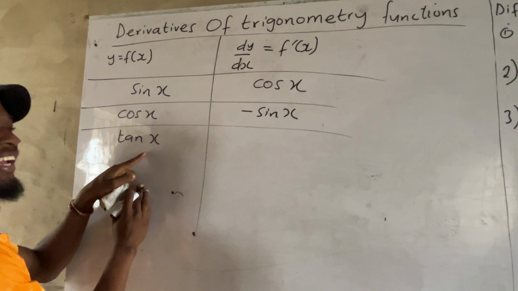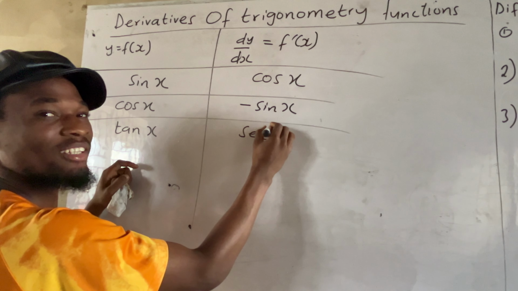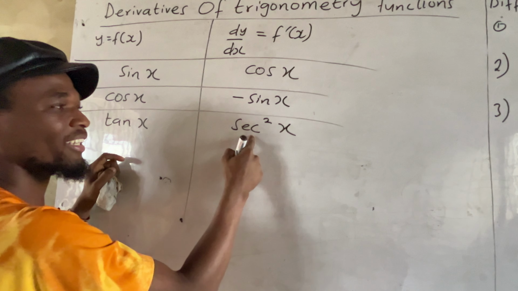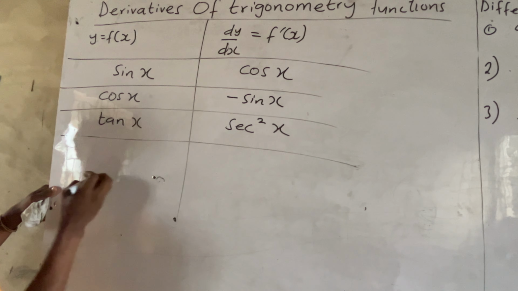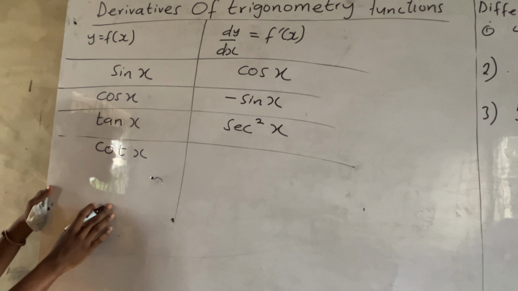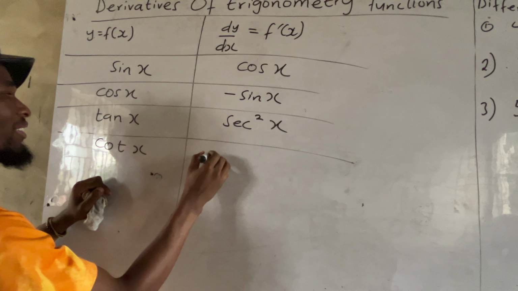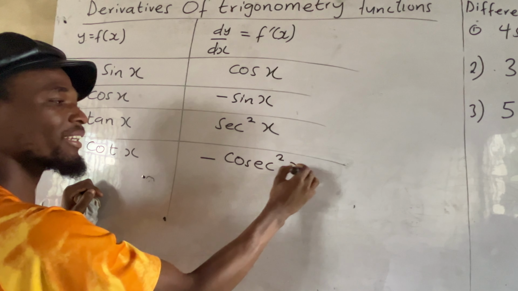When you differentiate tan x, you will have secant squared x, that's sec squared x. Now when you have cot x, you have negative cosec squared x.